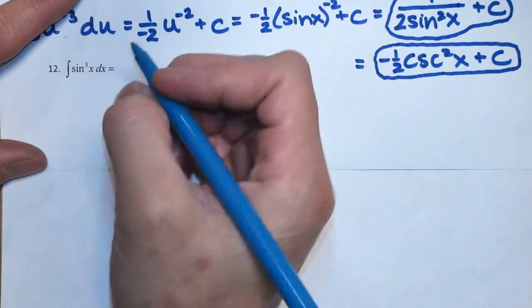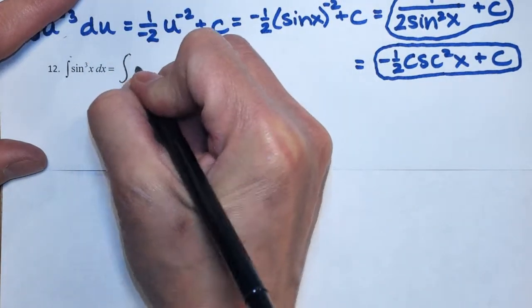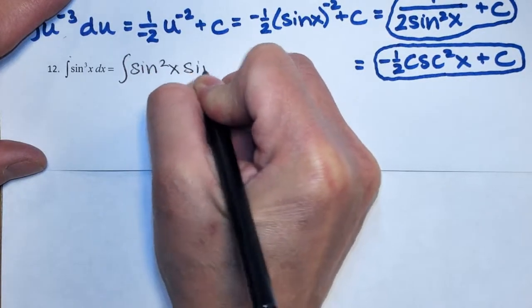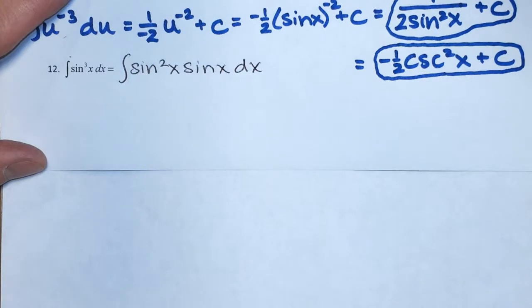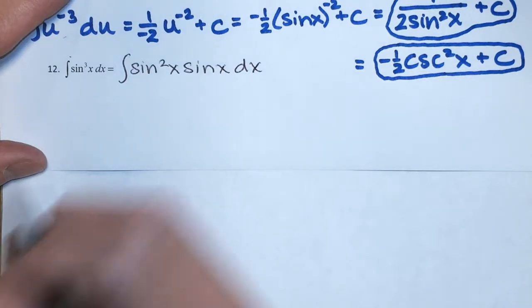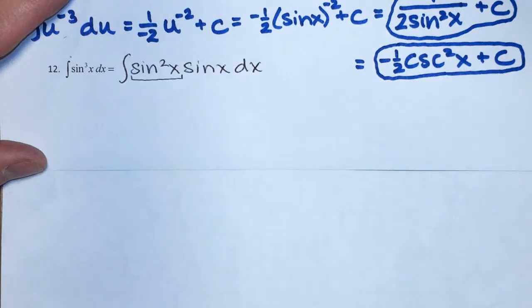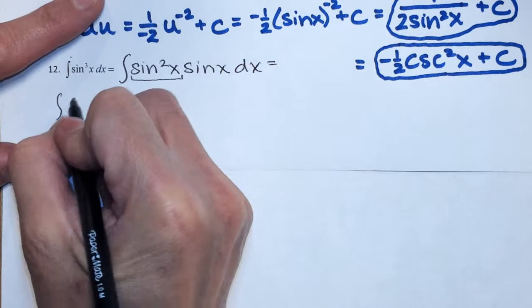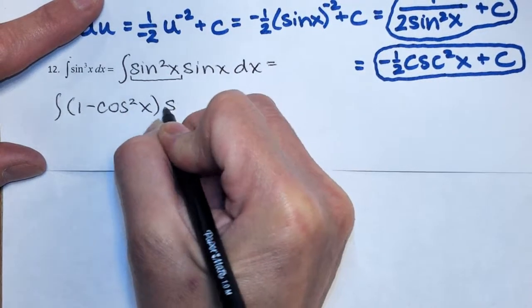Now, the Pythagorean property is used with squared trig functions. So what I'm going to do is split this up into a sine squared x and a sine x, because that makes sine cubed. And then I'm going to use the Pythagorean on just the sine squared. Who thought of that? Super creative, right? 1 minus cosine squared x.